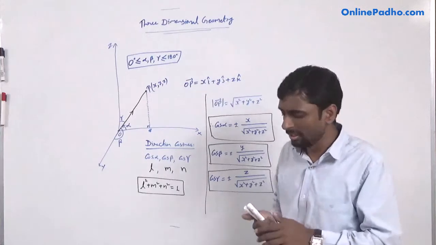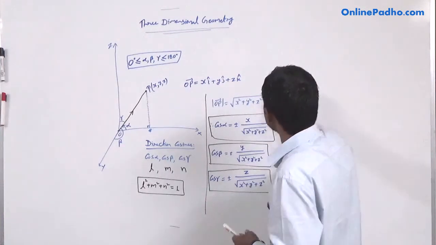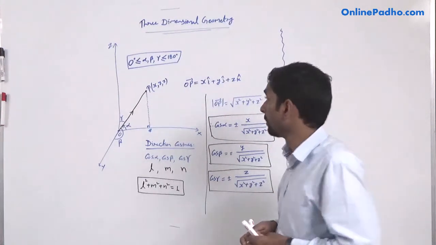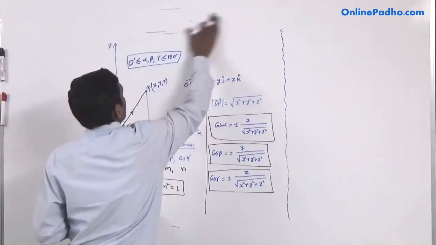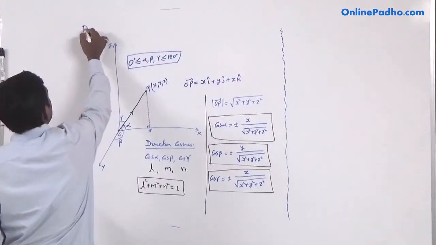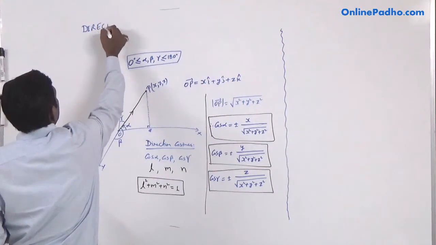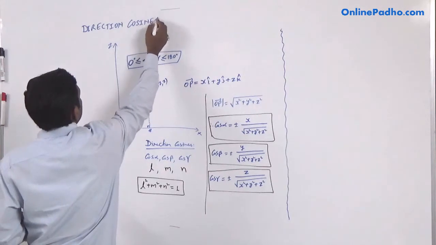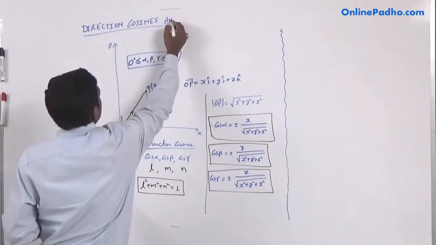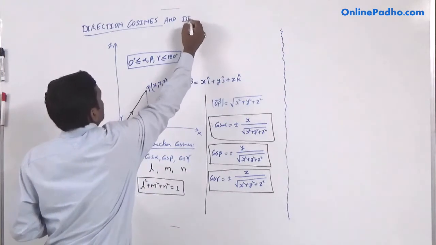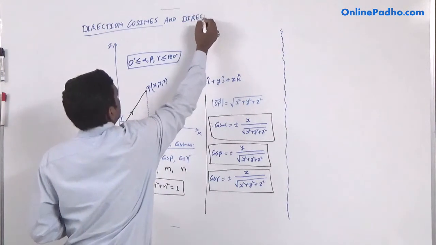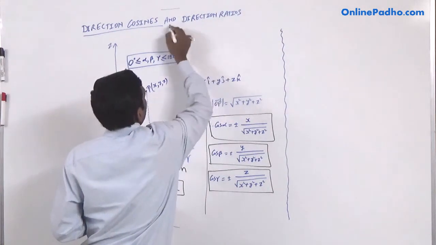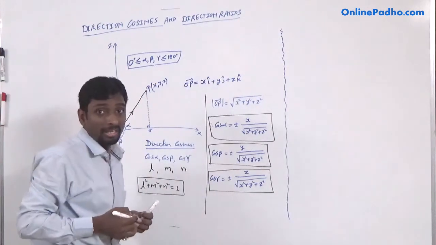Right? Now the question is, how can you find the direction cosines? And the very important question, what are the direction ratios? There are two important topics in this: direction cosines and direction ratio.